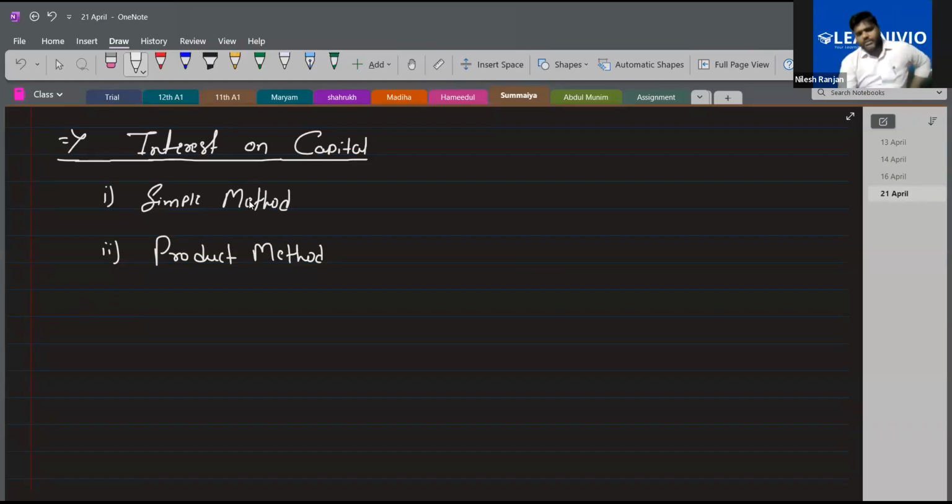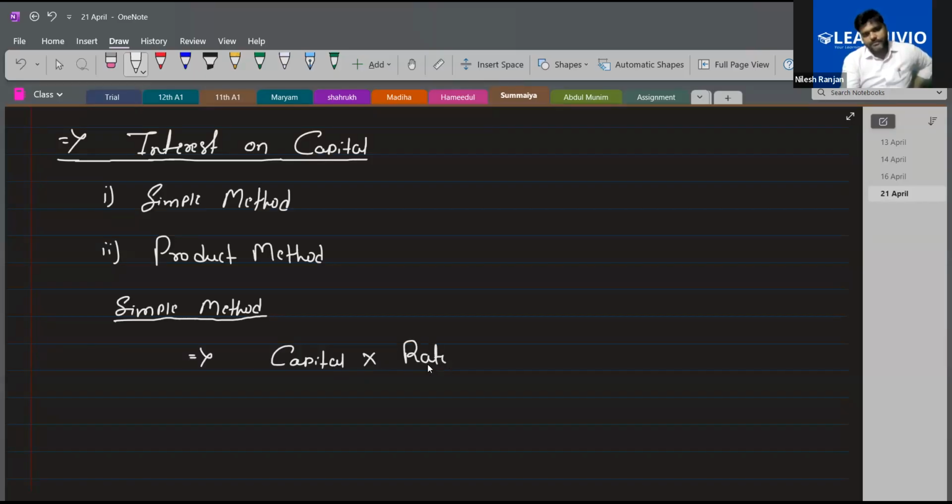So there are two methods actually for calculation of interest on capital. You just told me about the simple method. In this, we use the formula: the amount of capital into rate by 100 into time, divided by 12 or 365.